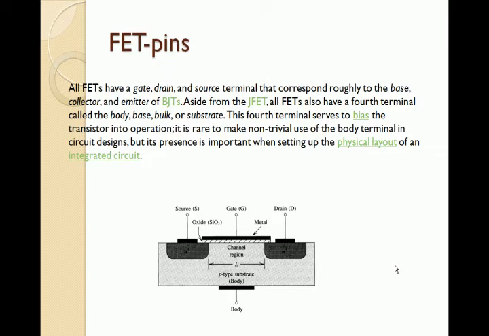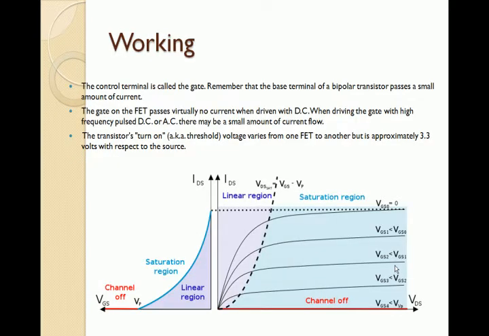So by controlling the voltage applied between the gate and source, VGS, we control the current passing from the source to the drain. Now this is the graph for the various voltages applied between gate and source. At the lower level the channel is off, so there is no current passing through.